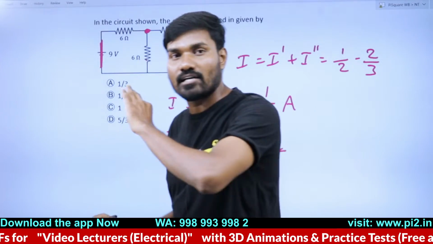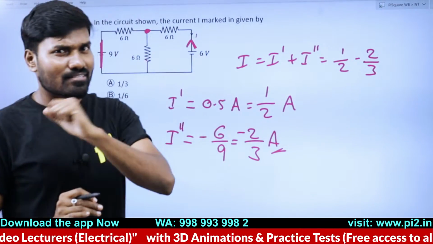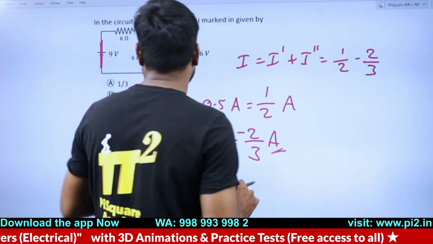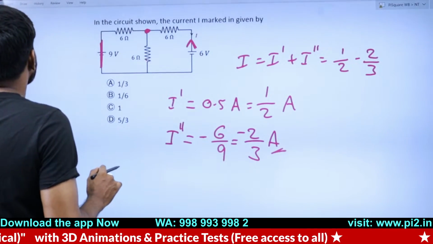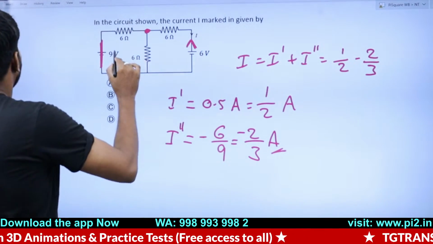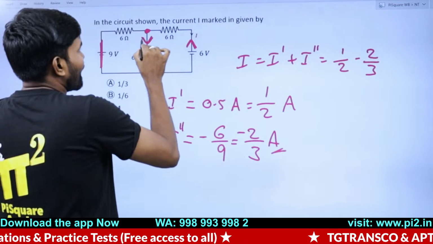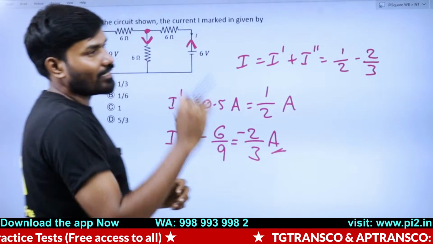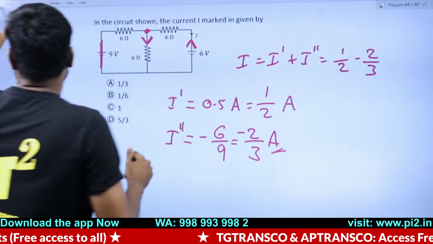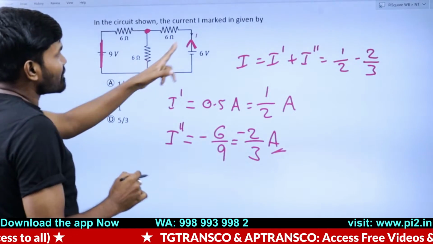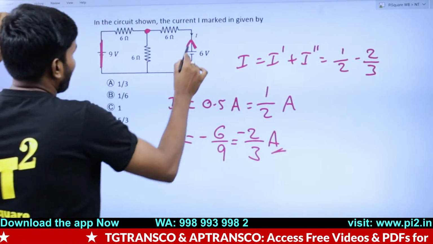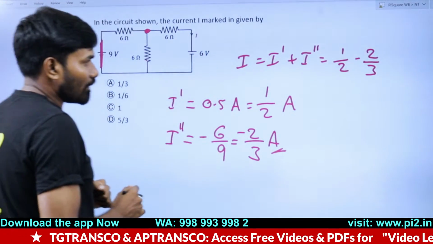You should get marks for all. Now guys, be careful here. If the current is asked in this branch, Millman's theorem will be easy. But in this case, the question is asked in this branch, so I have applied the superposition theorem.